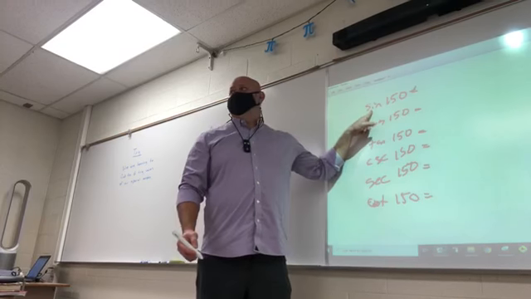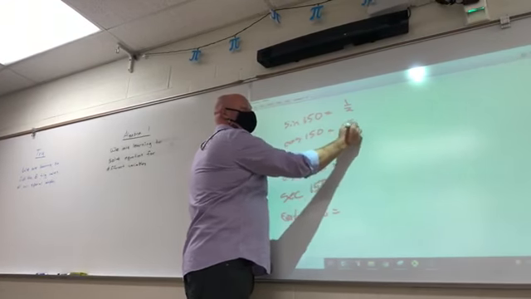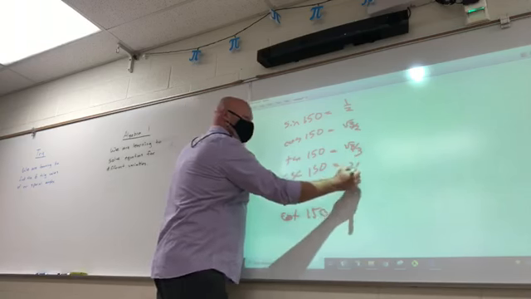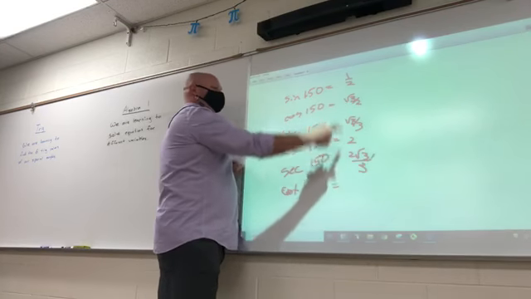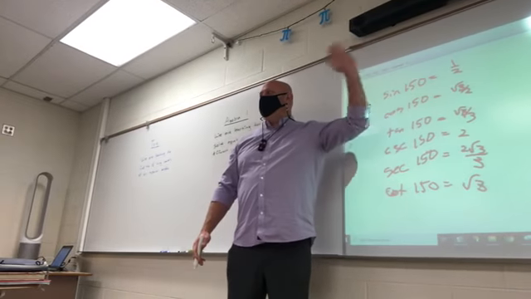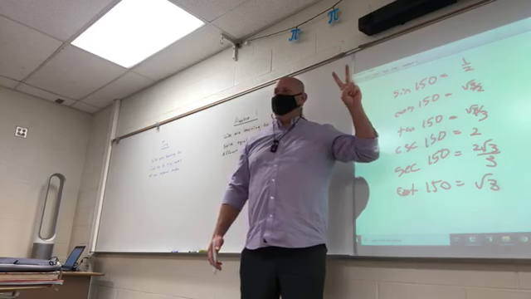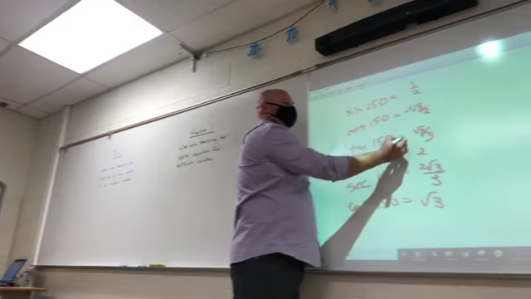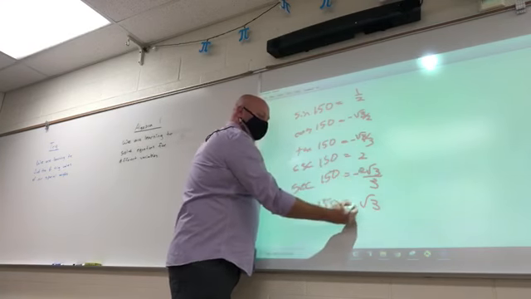So what's sine of 30 degrees? 1/2. And then cosine of 30 is square root of 3 over 2. This would be square root of 3 over 3. That's the reciprocal of that. That's the reciprocal of that. And that's the reciprocal of that. Right? So we have all the values. Now you just have to figure out positive or negative. 150 is in the second quadrant. So sine is positive in the second quadrant. Cosine's negative. Tangent's negative. So positive, negative, negative.